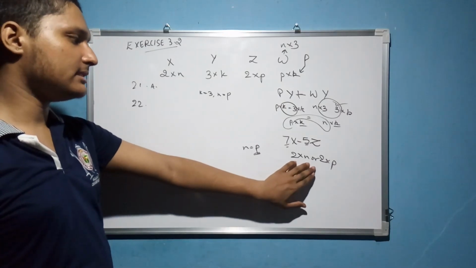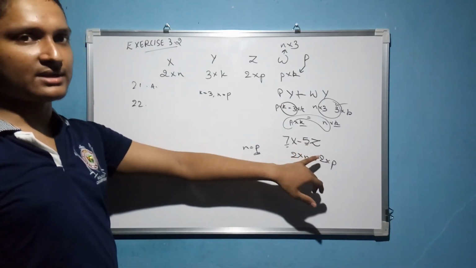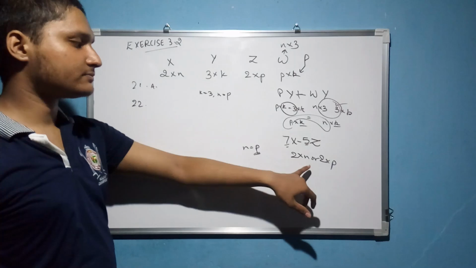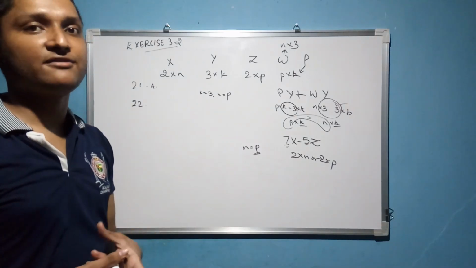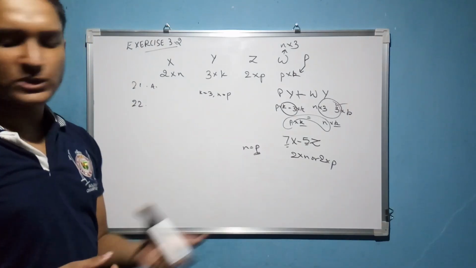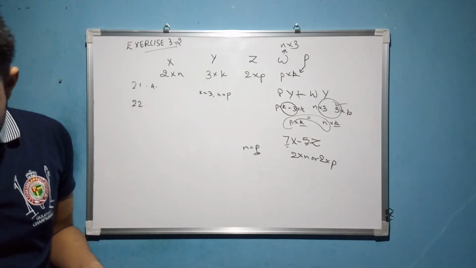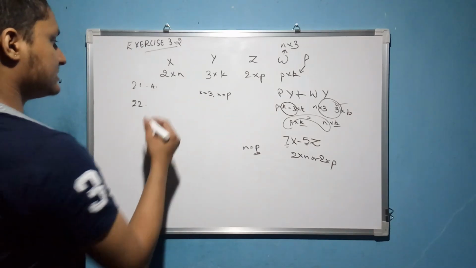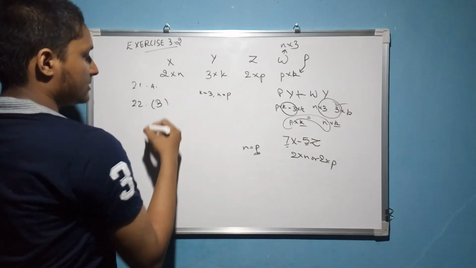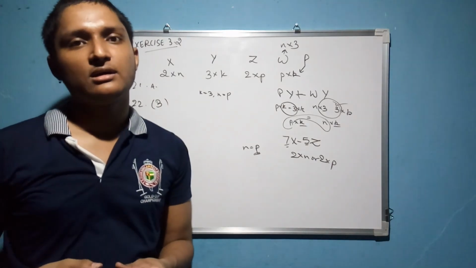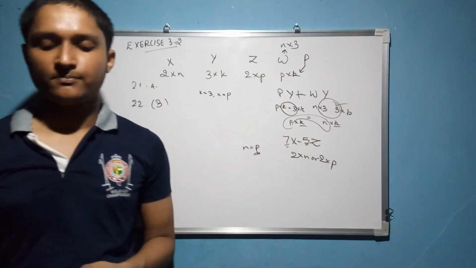Therefore since N is equal to P, they can be subtracted from each other. So their sum or the difference is going to be the same, that is 2 by N or 2 by P. Only 2 by N is present in the options, so I can take only option B, and there is no option with 2 by P, therefore I need to leave that point.